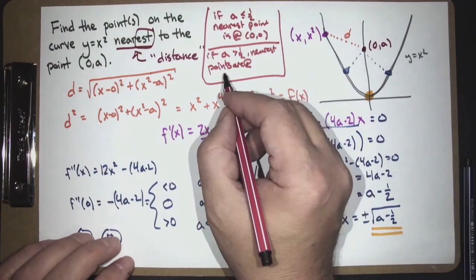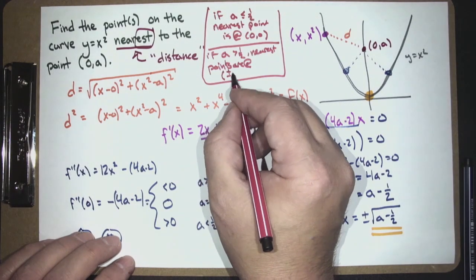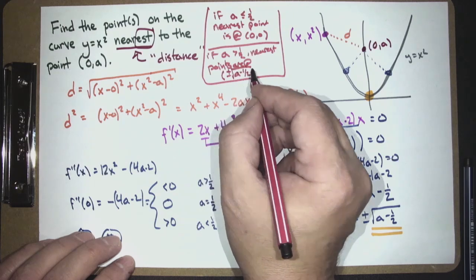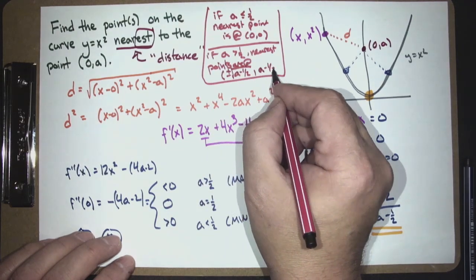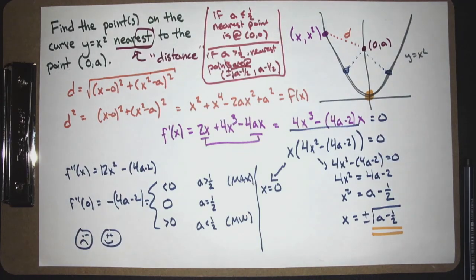So where are those? They're at plus or minus square root of a minus a half, and that's the x, and then the x squared is a minus a half. So there's sort of this transition point depending upon your choice of a. Now there is a punchline here.